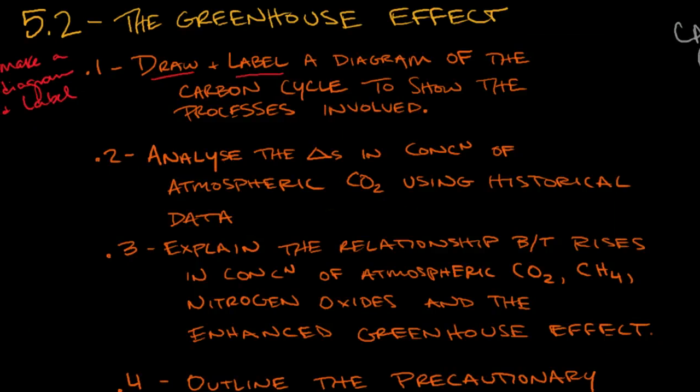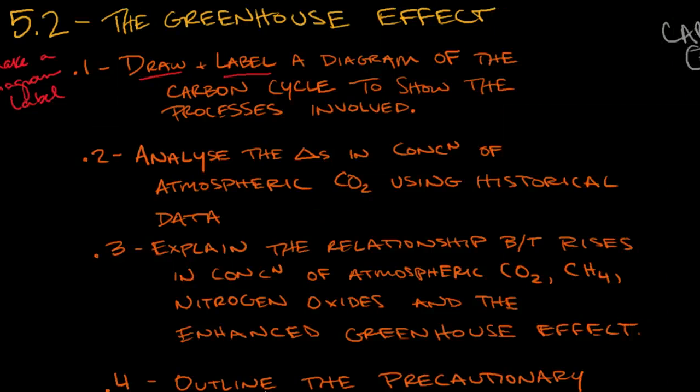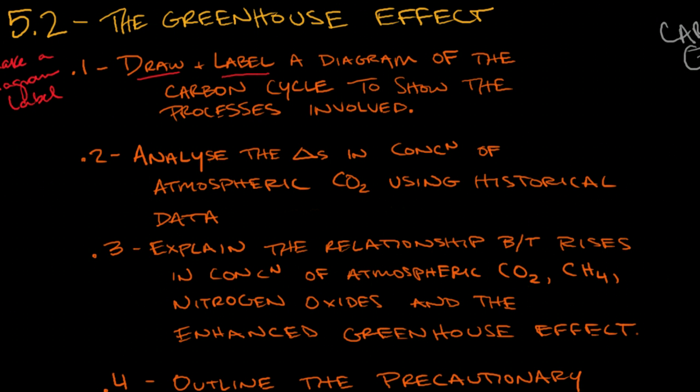Let's keep going. So point two is analyze the changes in concentration of atmospheric carbon dioxide using historical data. So we need to look at the word analyze just to make sure we know what we're being asked to do. Analyze means to interpret data, to make conclusions.